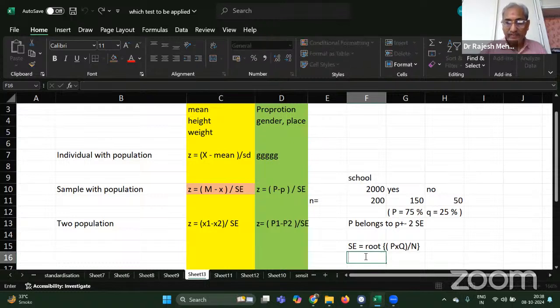Now let's see what the result is: root of 75 into 25 divided by n, which is 200.